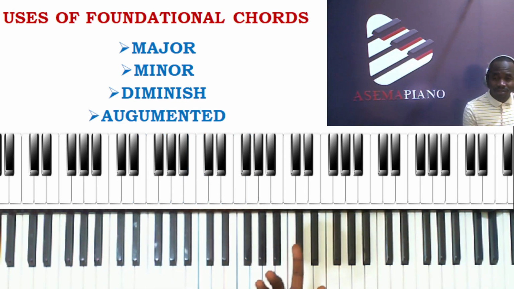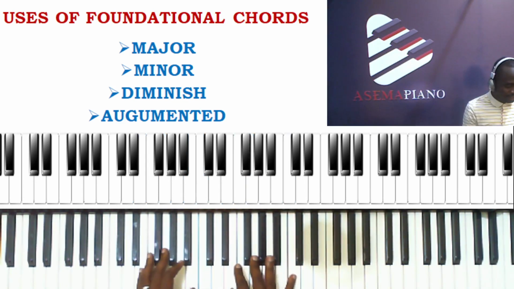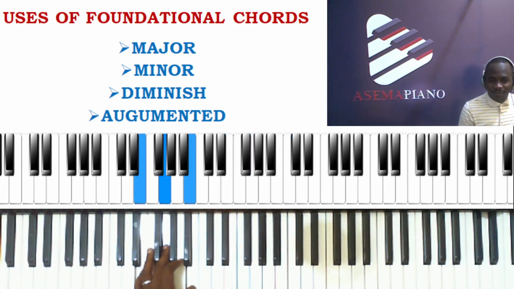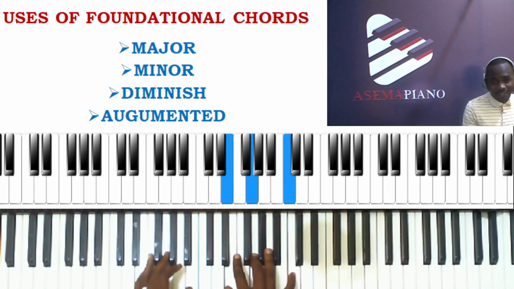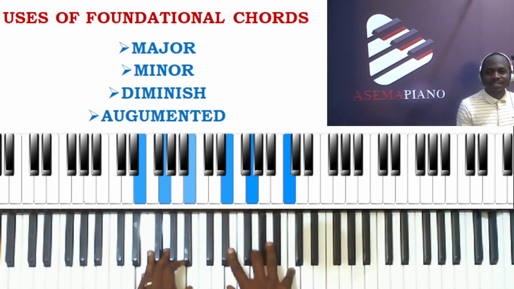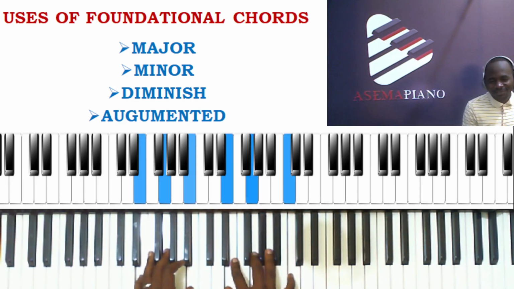Now you come up with another concept of inversion. Now if I'm playing C like this and then like this, see, this is E minor and this is C major. So I'm getting the C major 7. So you see, very easy.